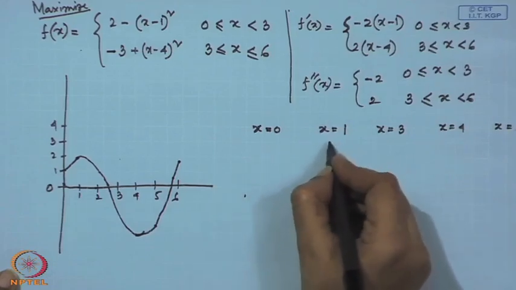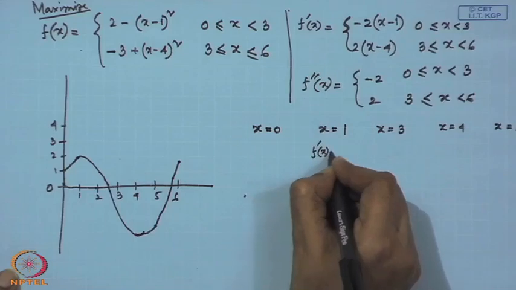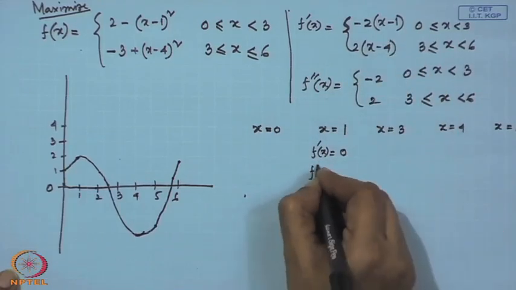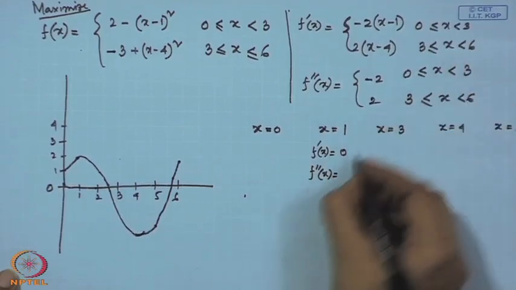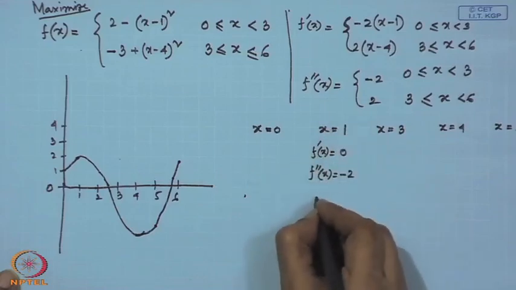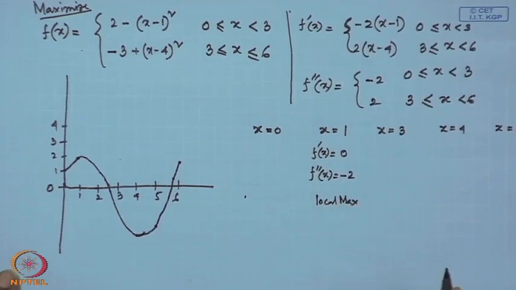Let us first try x equal to 1. At x equal to 1, f dot x would certainly be equal to 0. F double dot x at x equal to 1 is minus 2. Then what is the conclusion? This is a local maximum point. X equal to 1 is the local maxima for us.